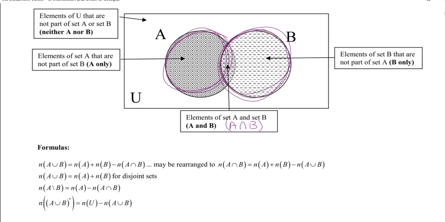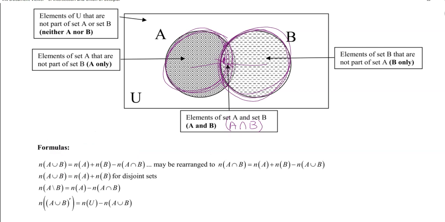But the problem is you've counted the intersection twice, once as part of A and once as part of B. So the formula accounts for that and says we subtract the number in A intersect B. And of course you could rearrange this formula: the number in the intersection is the number in A plus the number in B minus the number in the union.